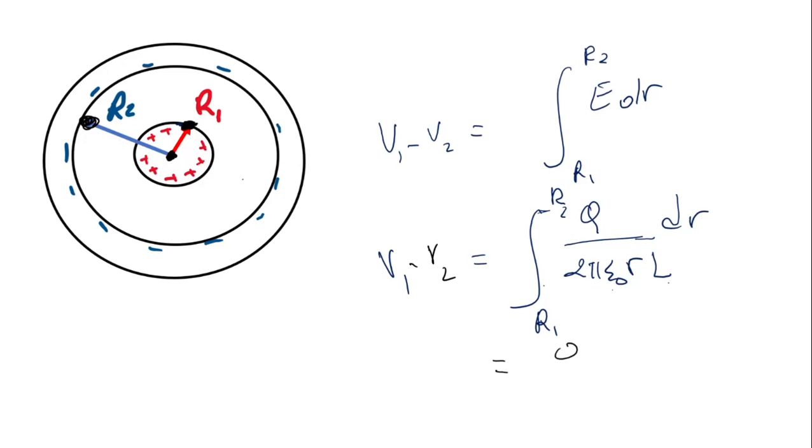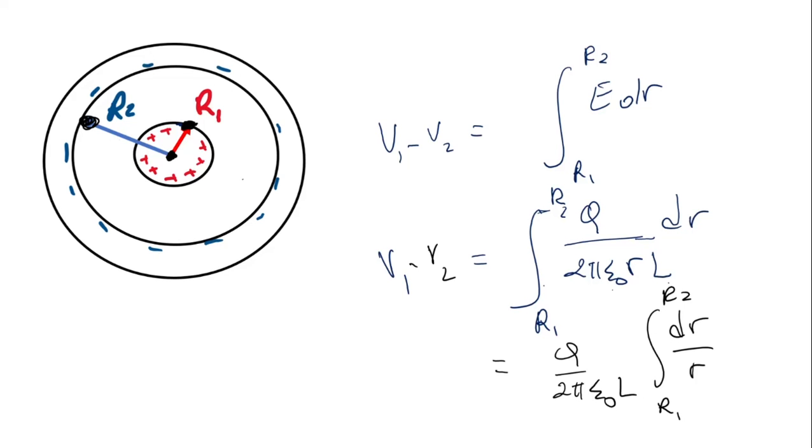We have Q over 2 pi epsilon 0 L times the integral of dr over r between R1 and R2, which is the natural logarithm evaluated between R1 and R2.